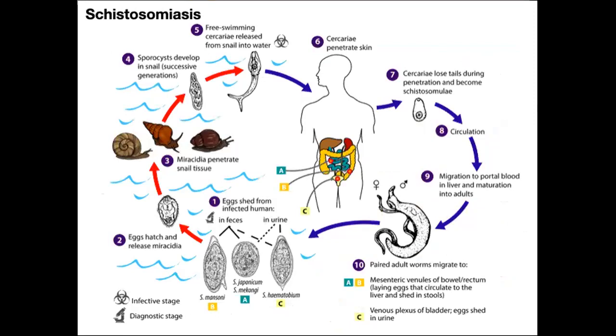Schistosomiasis is a highly endemic disease in the Philippines, and it's actually caused by many species of schistosoma. Okay? And you can see in here that it would start sa pag-hatch ng egg.